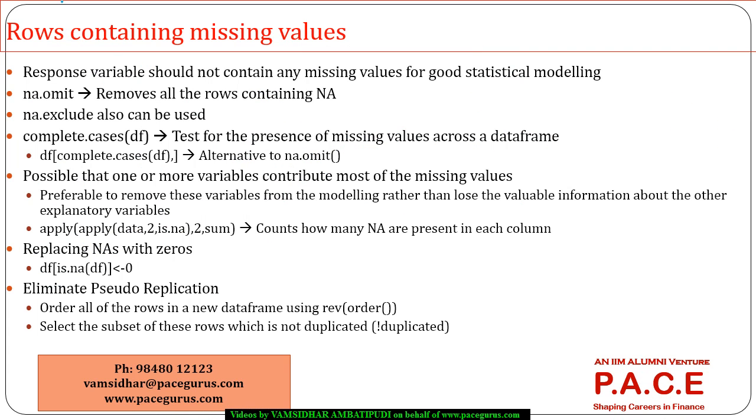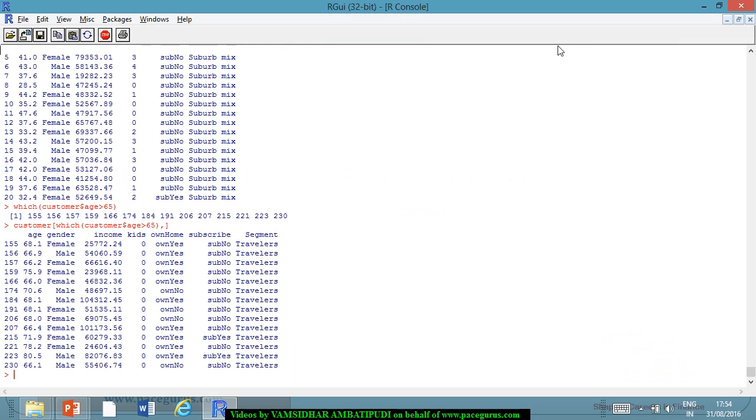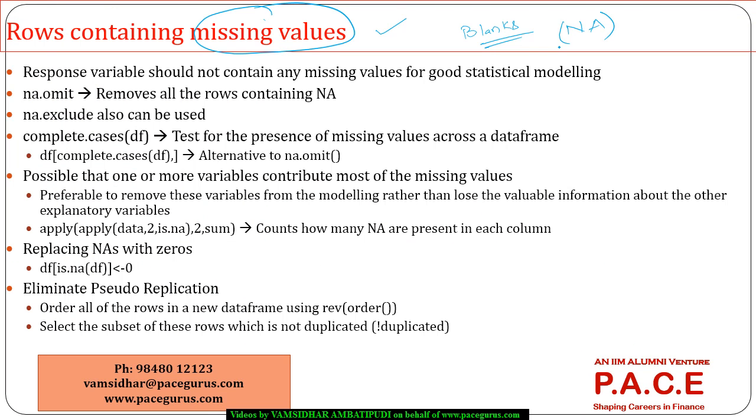Now, moving on to the next concept here. How do I really handle missing values? Any rows that contain missing values, especially in your spreadsheets, if there are any blanks in any of the rows, they would typically be treated as NA. When you are getting them into R, you could see that there will be a few NAs.